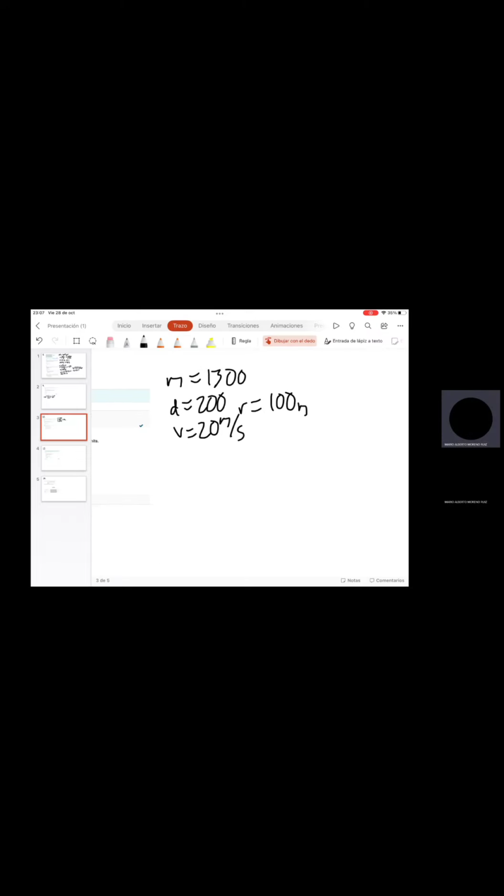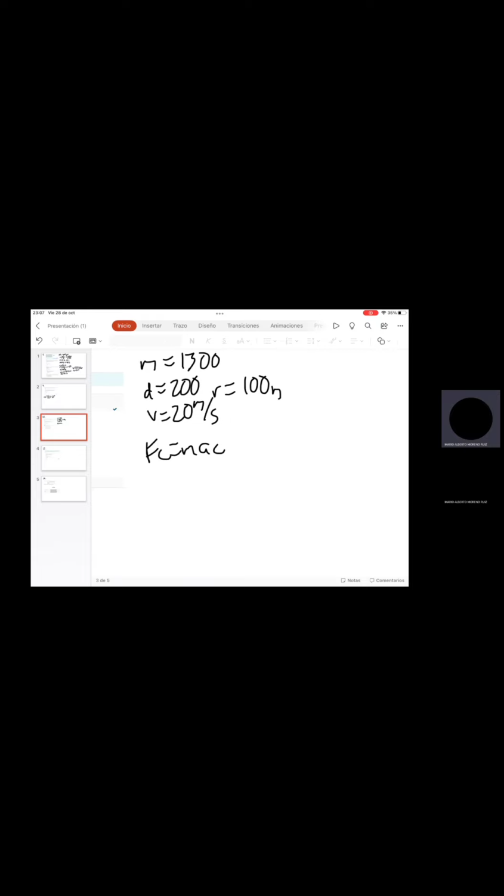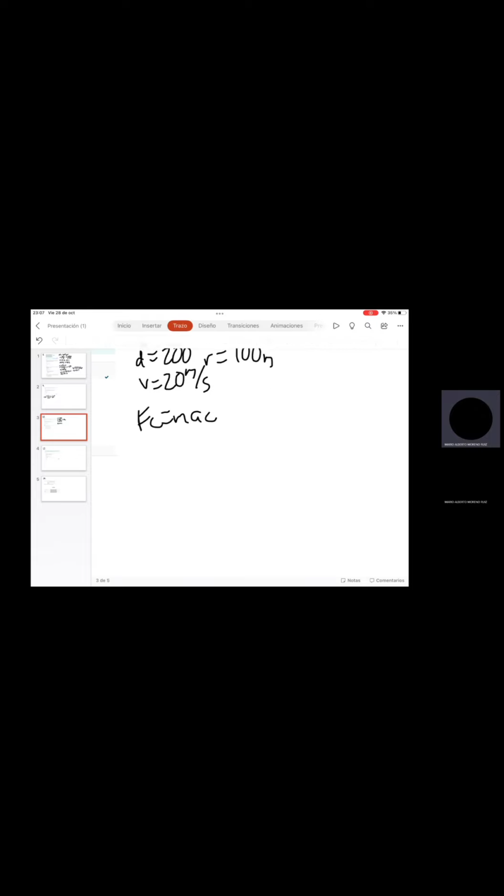Part A is asking us for the net force. Net force can be calculated with the following formula: mass times centripetal acceleration. But we don't have the centripetal acceleration, but we can get it with this formula, that is velocity squared over r.